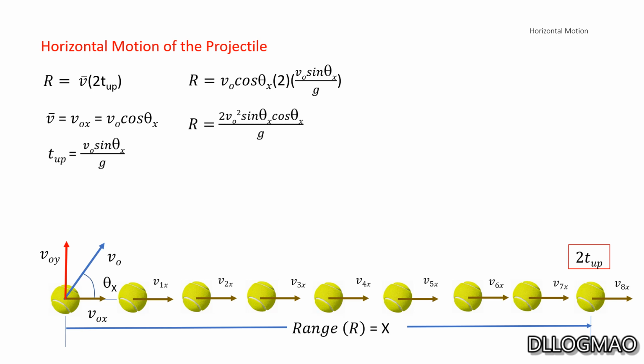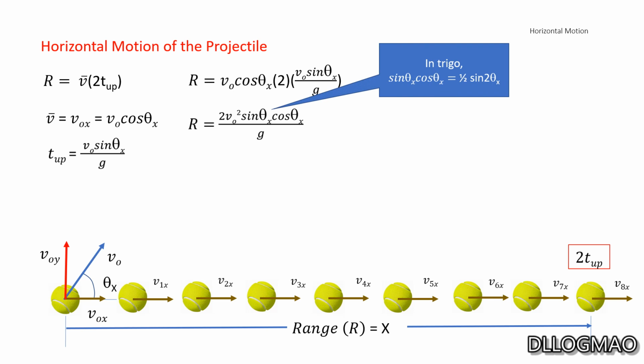Performing the multiplication results to the ratio of 2v sub 0 squared, sine theta sub x, cosine theta sub x, and g. In trigonometry, sine theta sub x, cosine theta sub x is equal to 1/2 sine 2 theta sub x.